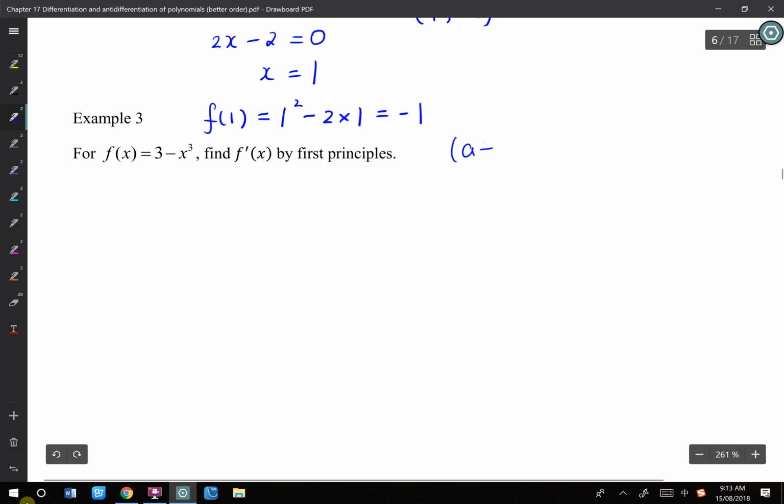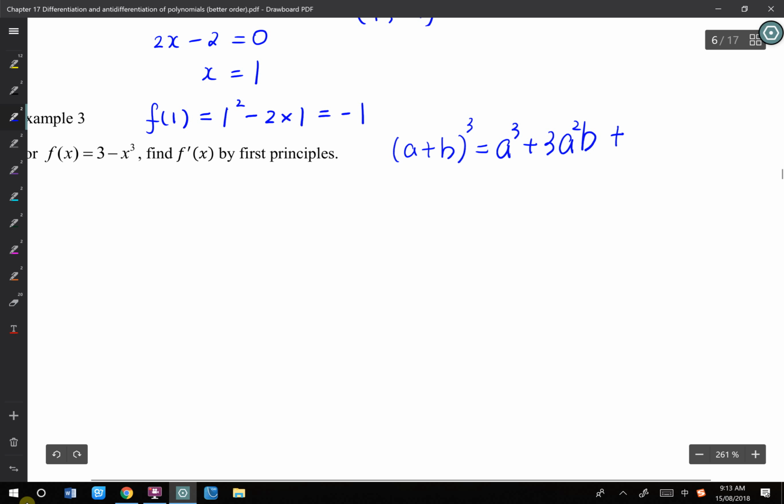When we learned the polynomial chapter, what's a plus b cubed? What's the expansion for that? a cubed, 3a squared b, plus b cubed.